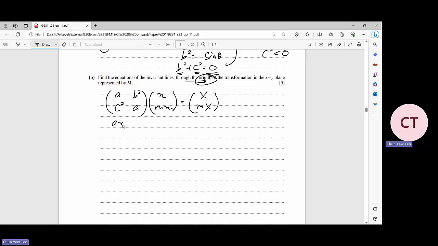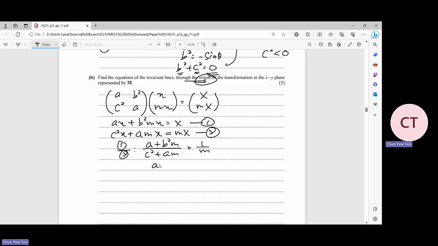I get ax plus b squared mx equal to x, first equation, and c squared x plus amx equals to mx. Take equation 1 divided by equation 2, I get a plus b squared m over c squared plus am equal to 1 over m.